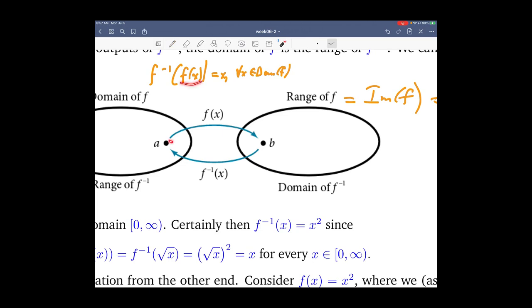When you first apply f to some x and then apply f inverse, you go back to where you began. And vice versa. If you first apply f inverse and then apply f, you again get to where you began.